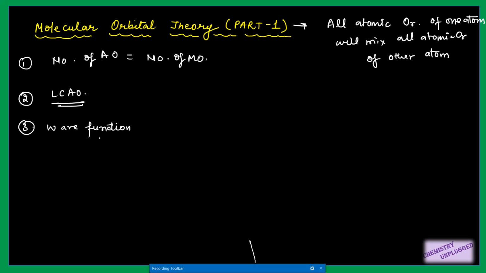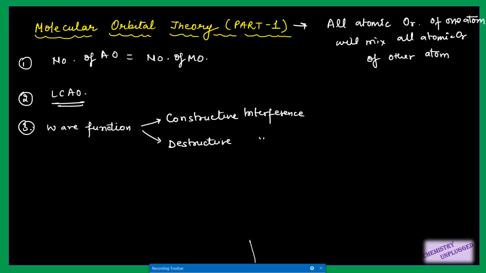This mixing of wave functions can be done by two processes: by constructive interference, or by destructive interference, right? You can consider constructive interference when waves mix together in the same phase.